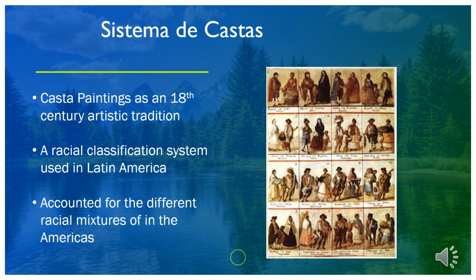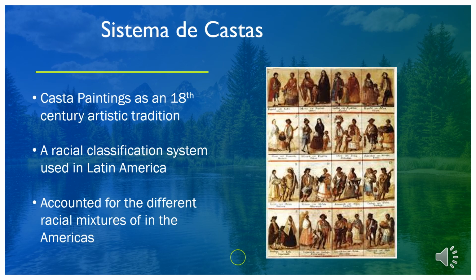An African and an indigenous person, their child would be labeled as a lobo or a zambigo or a plethora of terms. But I bring this up so that we can see that although there was an attempt at delineating and separating groups, there were mixtures and relationships between groups.